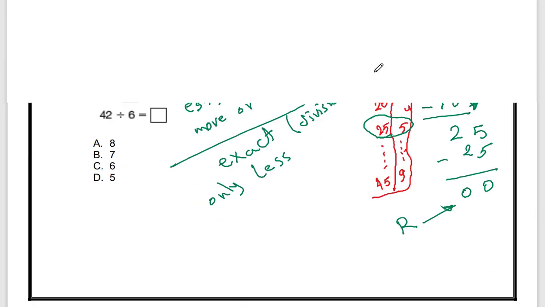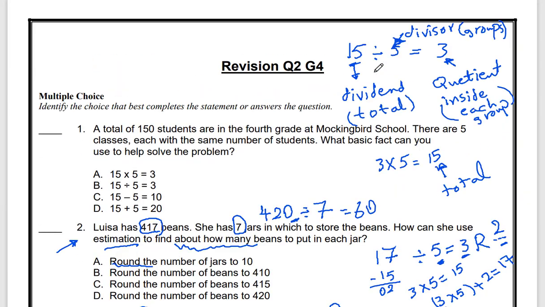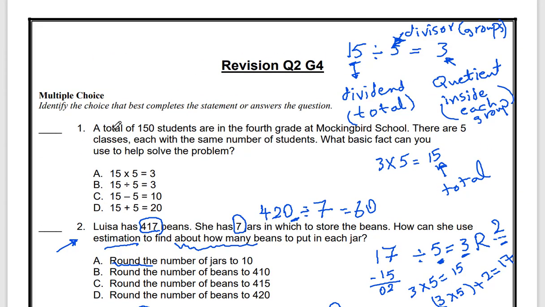Why did you write 15? This is not question number 1. I'm not solving, my hero, I'm explaining to you the meaning of the division. I'm using other numbers, not the question here.